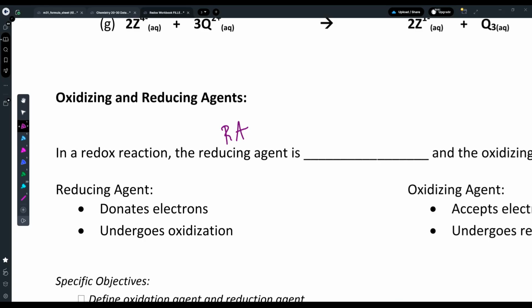That's what's so confusing about reducing agents and oxidizing agents: you would think, oh, it's a reducing agent, it should be reduced. No, it causes something else to be reduced, and in the process, it itself undergoes oxidation.